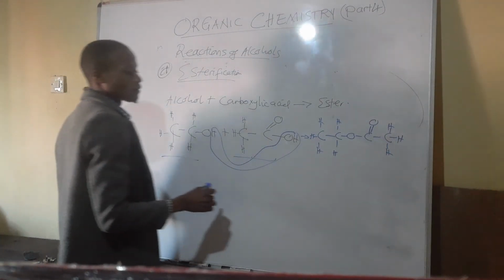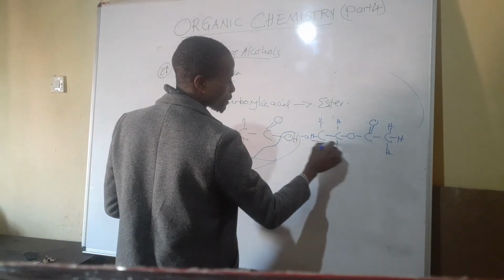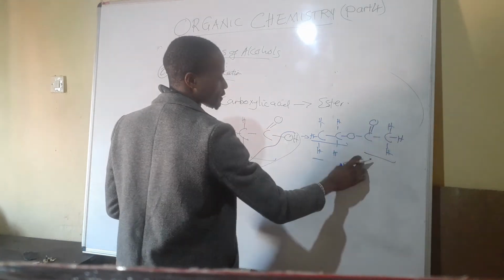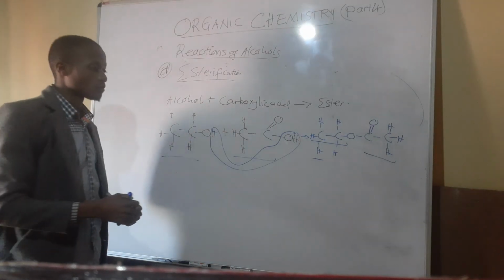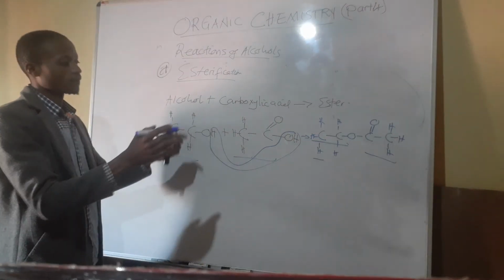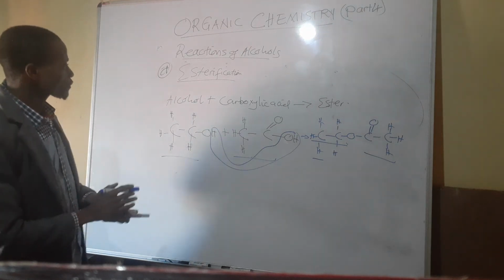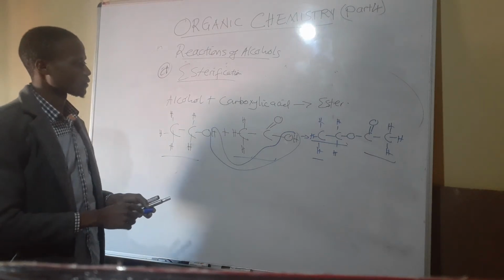So this is called ethyl ethanoate, from ethyl from ethanol, and ethanoate from ethanoic acid. We'll be looking at this when we look at their homologous series, or their group specifically. So these are some of the reactions which alcohols undergo.